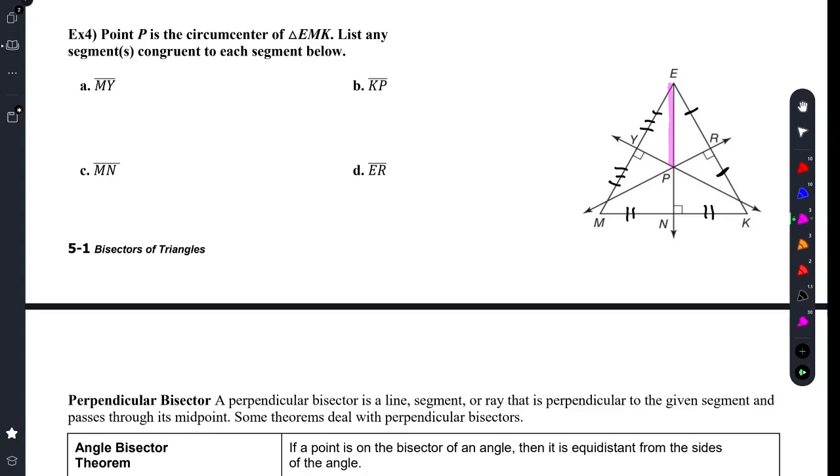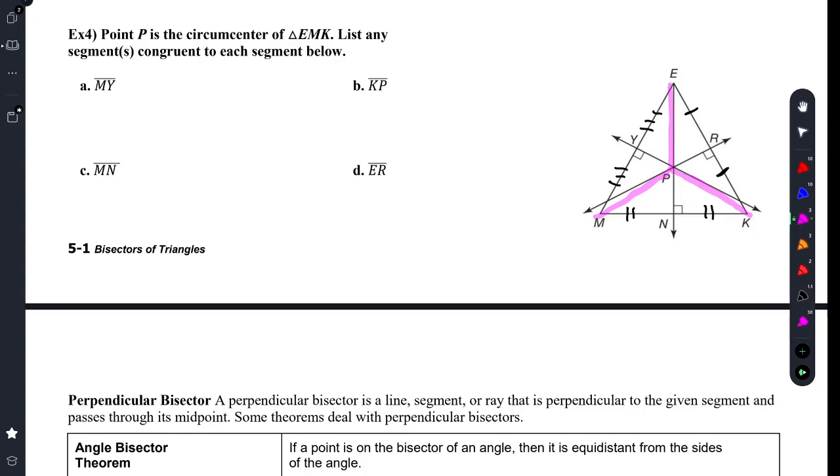Because we just said P is the circumcenter, right? Which means it's equidistant from the three vertices. So that's equal to this, and that's equal to this, yeah? They didn't draw it in, but those are true. Those are all going to be equal, because remember what a circumcenter does. It's the circle that would touch all 3 points on the triangle, yeah? All right, so let's go.